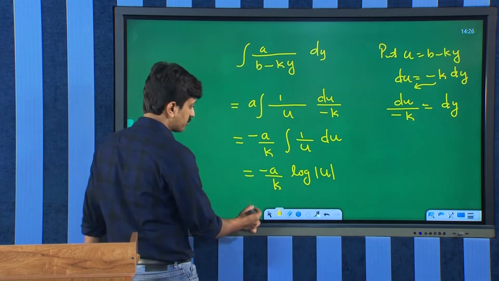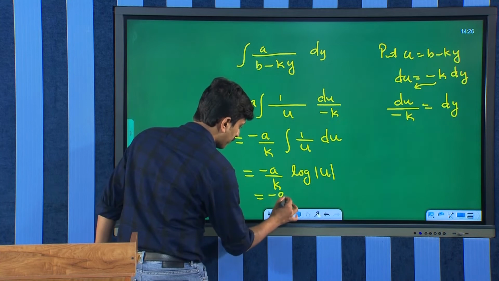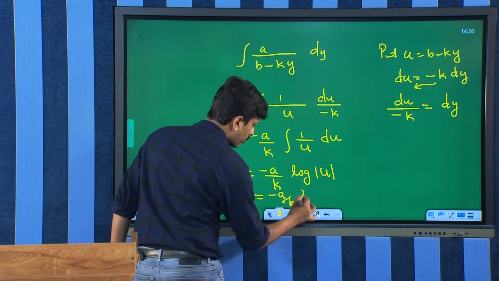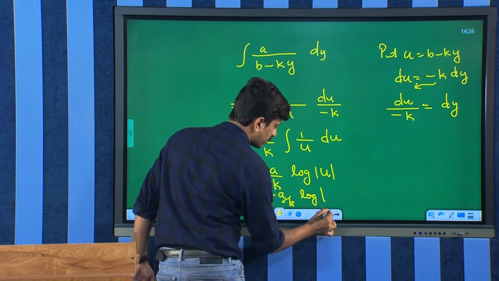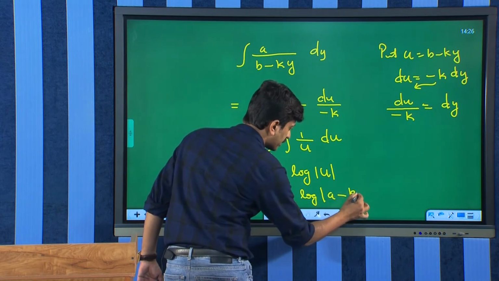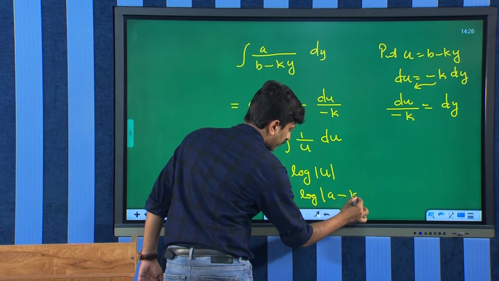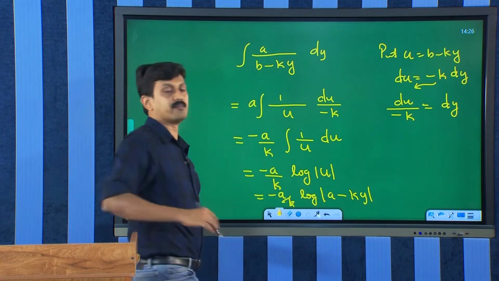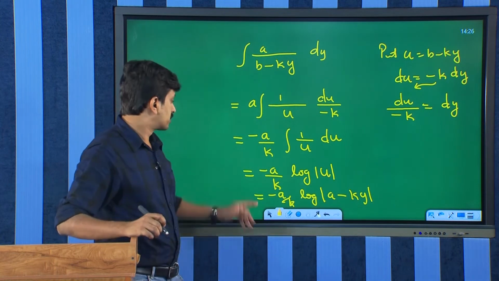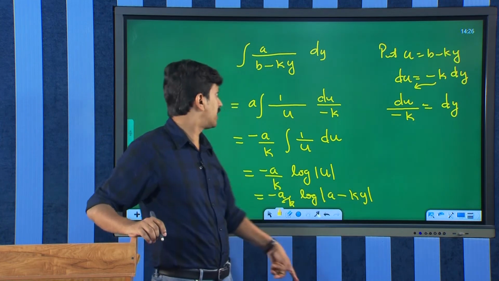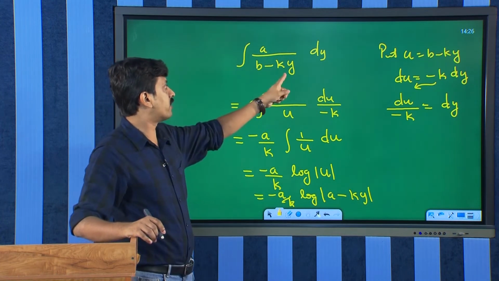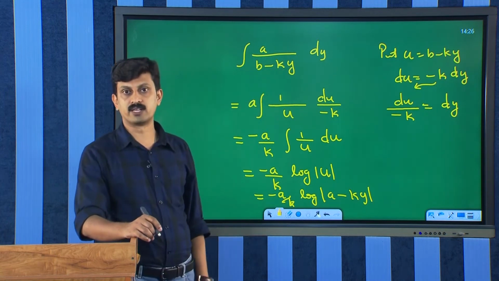Therefore, this is equal to minus a by k log mod b minus ky. See, my dear students, minus a by k log mod b minus ky is the value of the integral of a divided by b minus ky into dy.